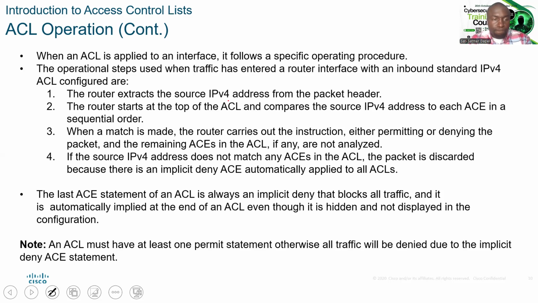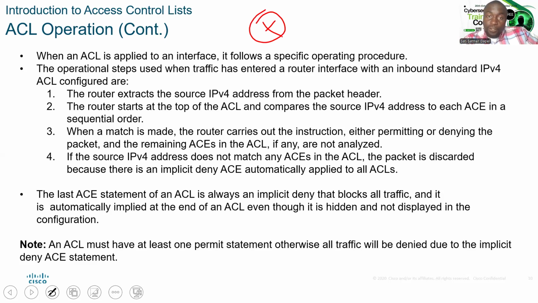Two says the router starts at the top of the access list and compares the source IP version 4 address to each statement in sequential order. What do we mean here? Let's assume this is the router, and in this router you have configured an access list.